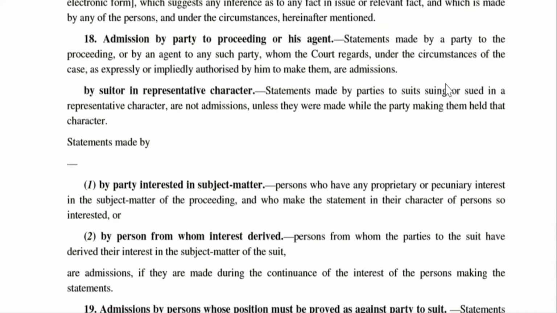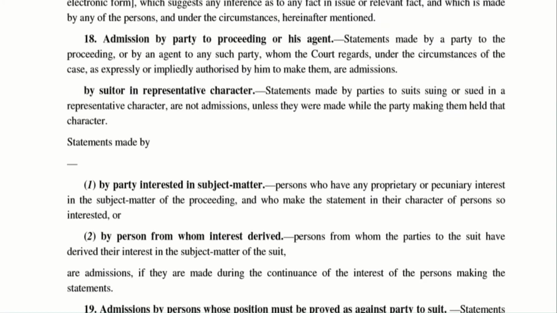And on 1/3/2020, a case is being filed. So in that case, the statement made on 1/1/2020 is not an admission, but the statement made on 1/2/2020 is an admission. Simple. He was not representing a person at the time he gave the first statement, so that is not an admission. Subsequently, he became a representative of that person. At that time, he is giving a statement that is relevant. I hope you understood this very well.